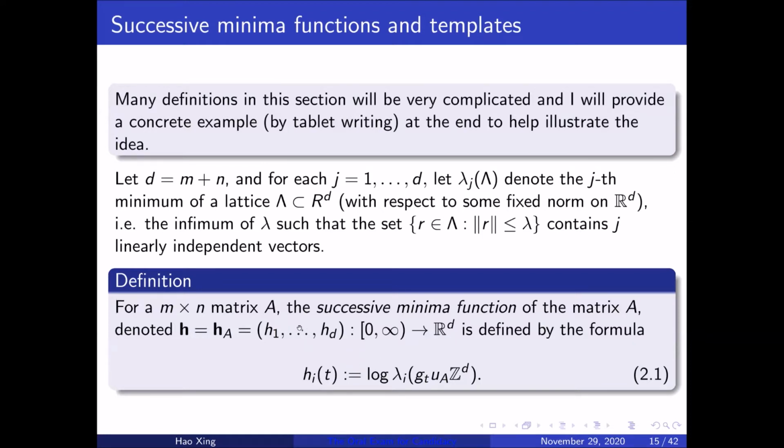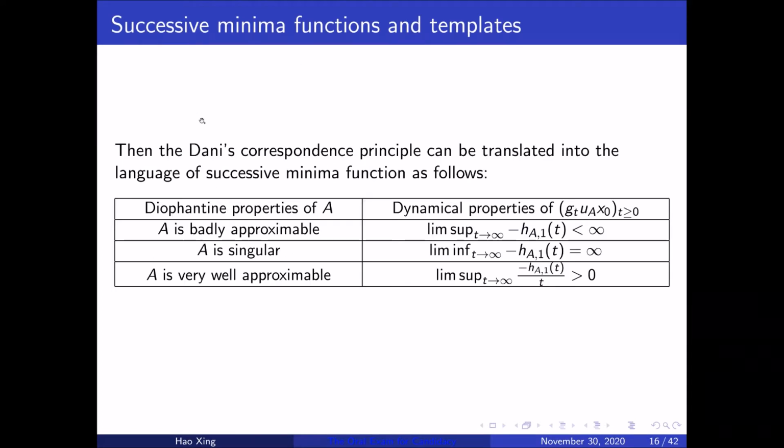This h_i is the ith component of this vector valued function. It is defined to be the logarithm of lambda_i, which is the ith minimum of the lattice g_t u_A Z^d.